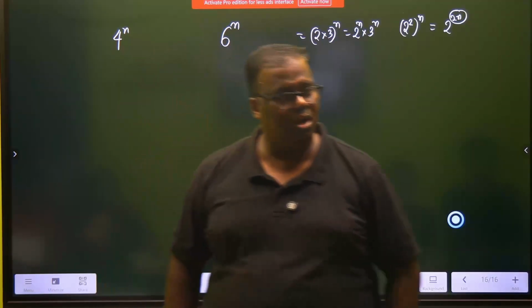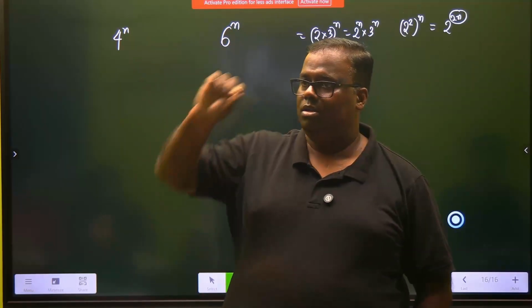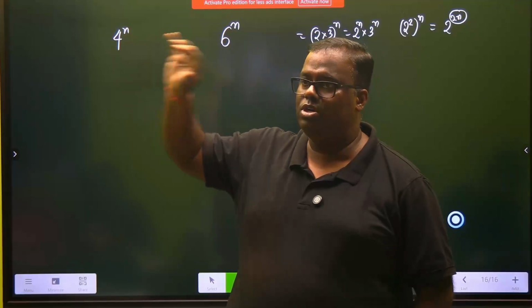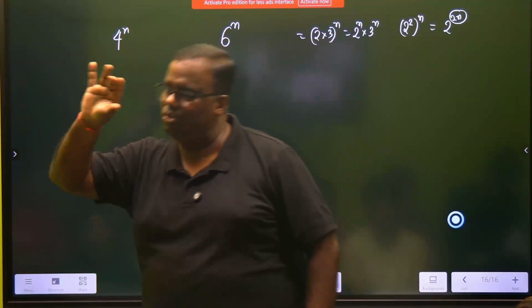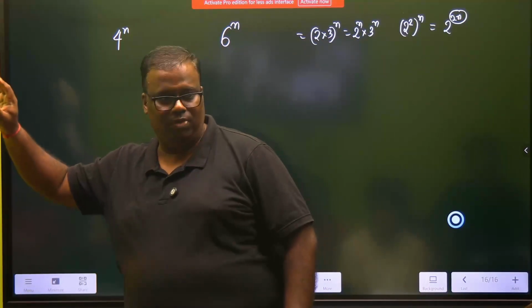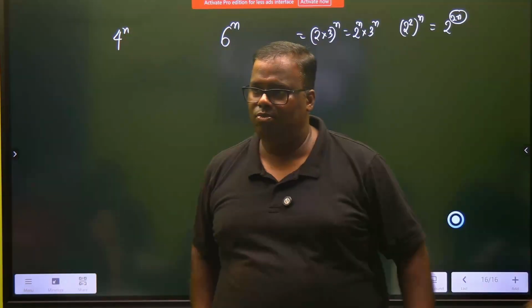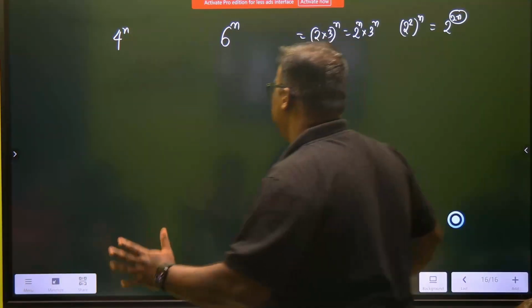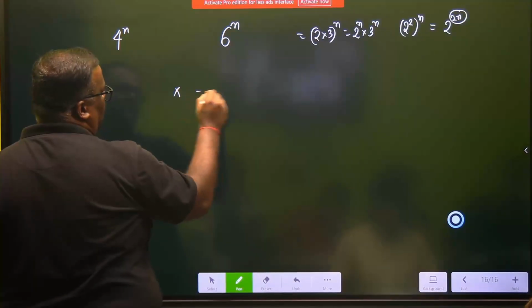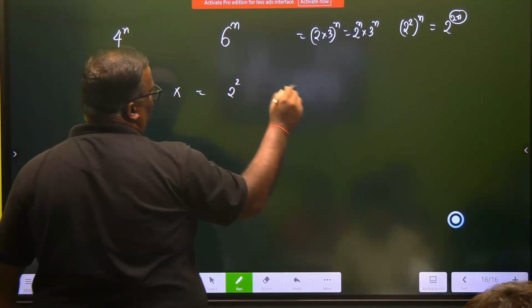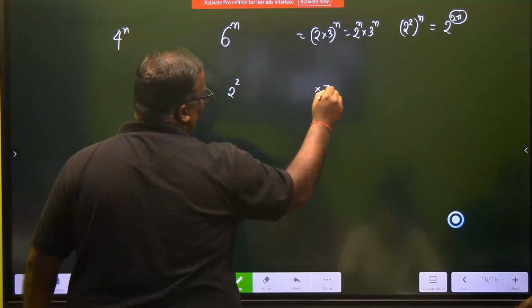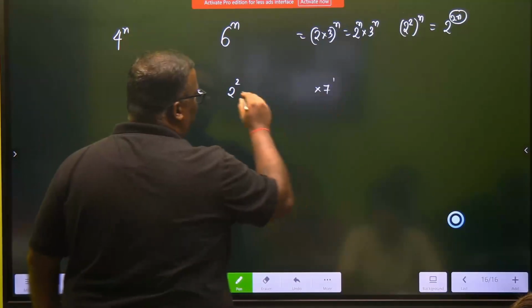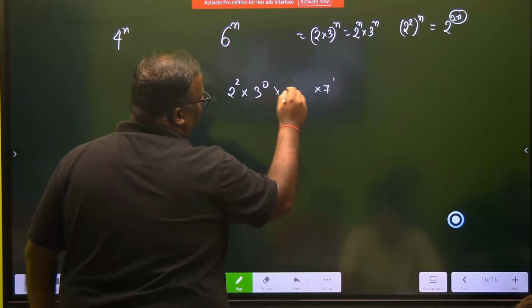Did you understand how to do LCM? Write all the prime factors till you end. Say suppose there was a number x and the factors came as 2 square, and after that you got a 7. So please also fill up 3 to the power 0, 5 to the power 0.